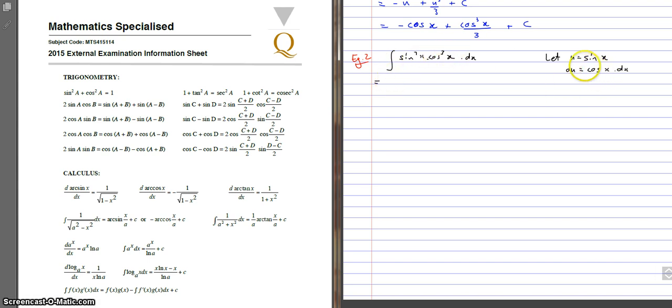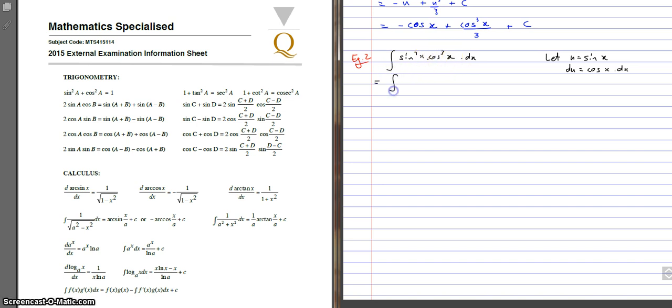Well, because our du is to replace cos x dx, we don't want there to be essentially 3 cos x's multiplying together. We only want 1.